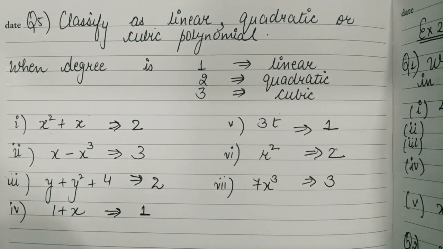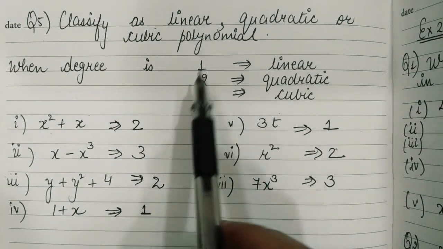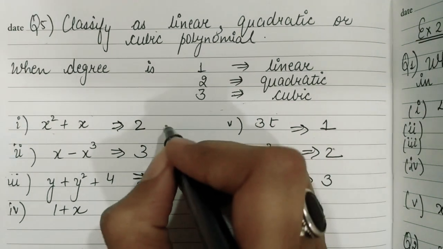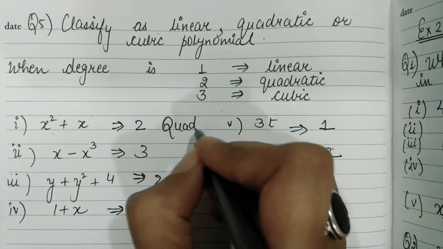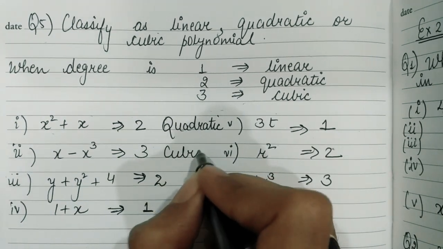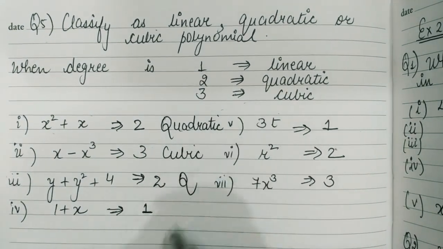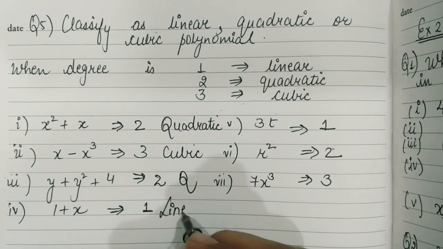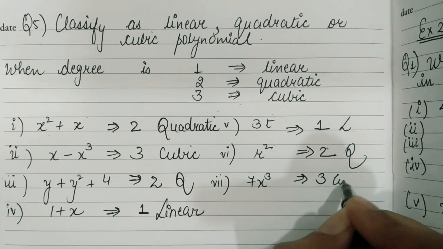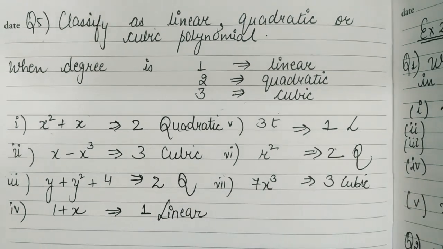First, we have found the degrees of the given polynomials, then we write according to this rule. Here it is 2, so I am going to write it as quadratic. 3, so it is cubic. Again quadratic. Linear, quadratic, and here it is cubic.